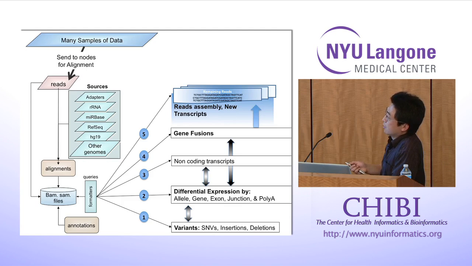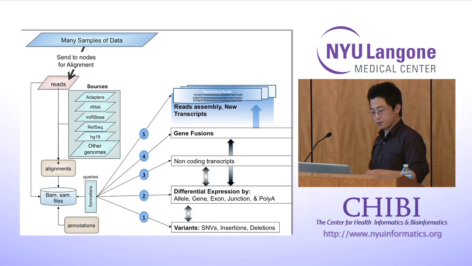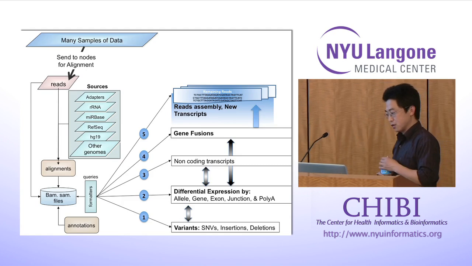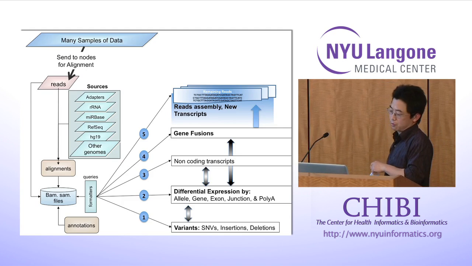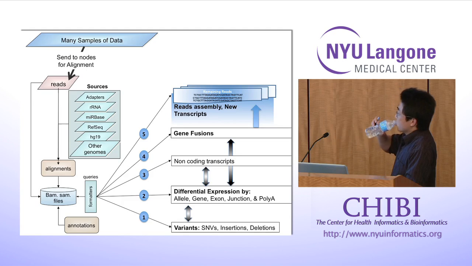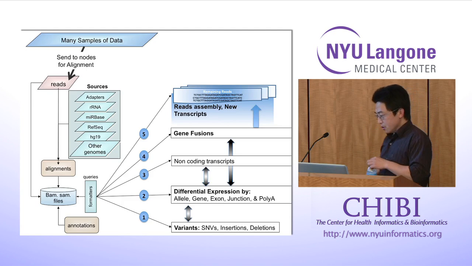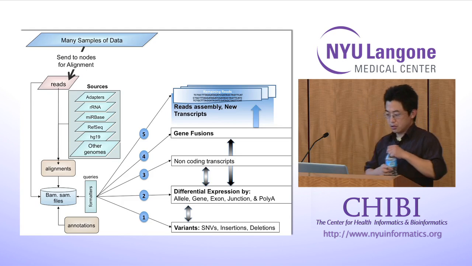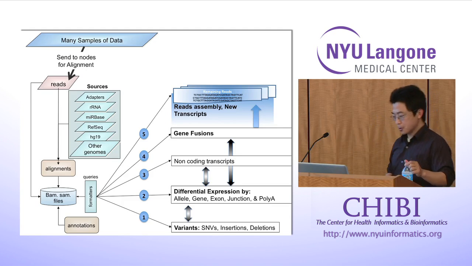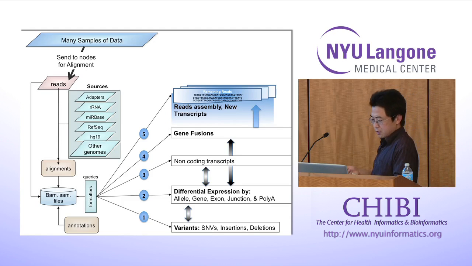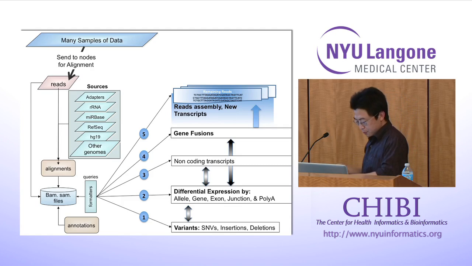For those sequence reads that were not aligned, we were thinking to reassemble the reads and discover new transcripts. So basically, this is the rough pipeline of our plan to analyze the data.